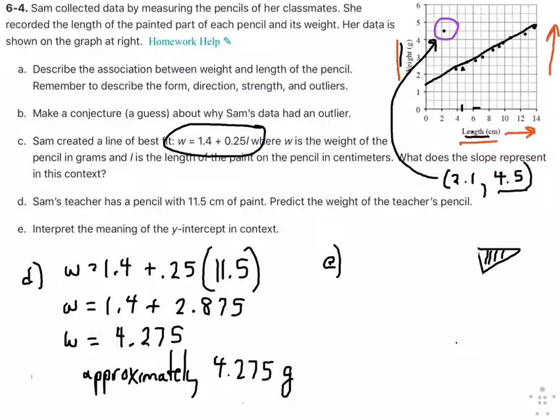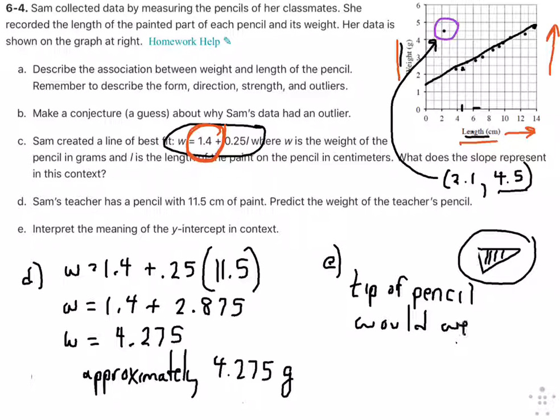So with the y-intercept, we're really saying that the pencil is so short there's no paint on there at all, and this tip part would weigh the y-intercept right there. So the tip of the pencil, or non-painted part, would weigh 1.4 grams, which seems like it could be true.